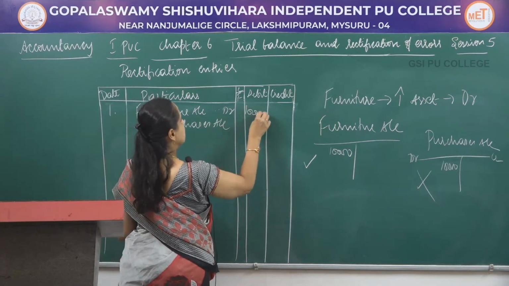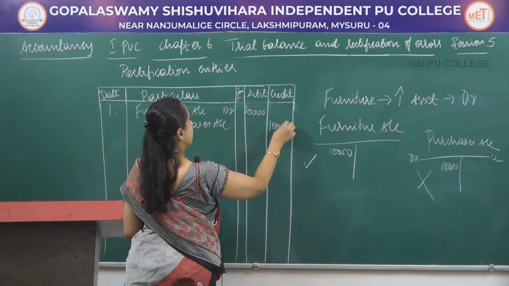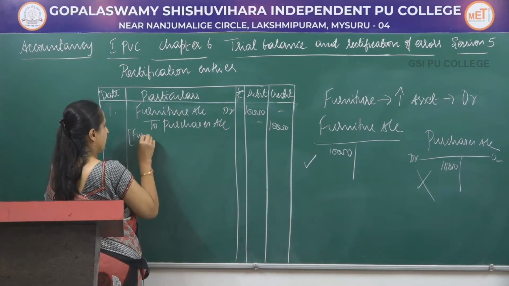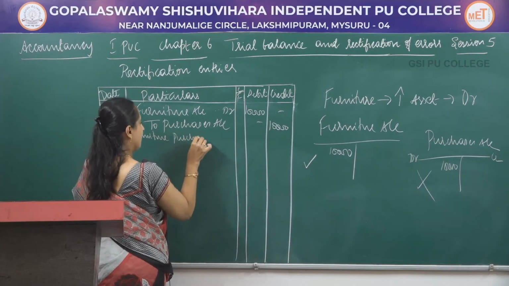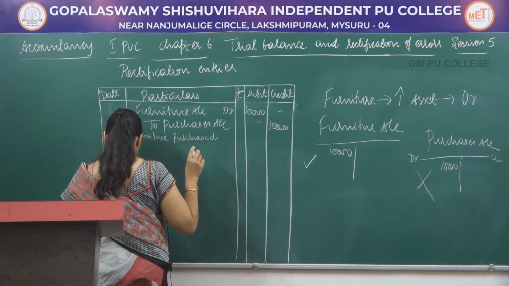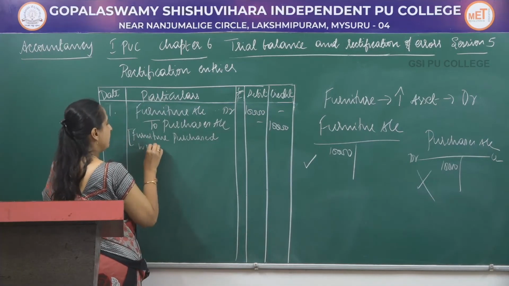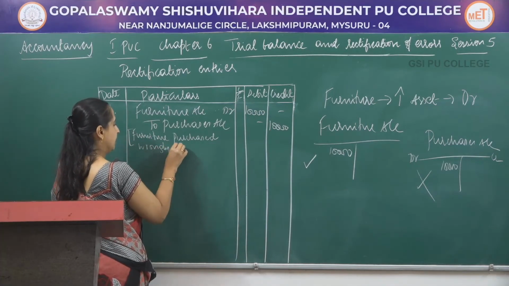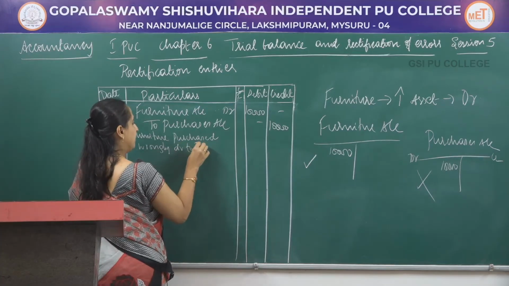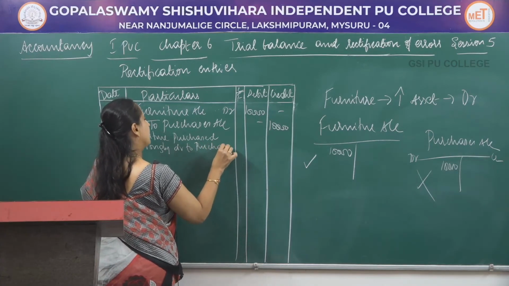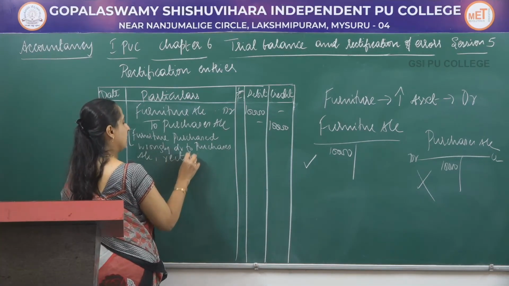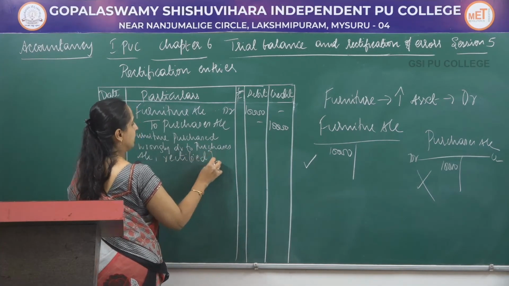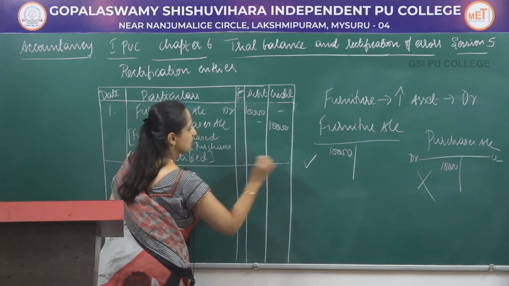Amount is 10,000. Furniture purchased wrongly debited to purchases account, rectified. This is how you should write the narration. This is the first one.